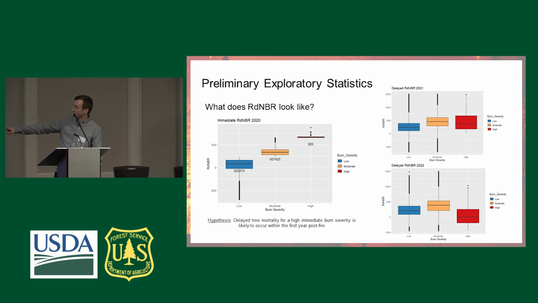But if you move to 2022, the high burn severity RD-MBR values drop pretty significantly to a median around 0. So we can hypothesize that for high burn severity, the trees are likely to die within the first year.